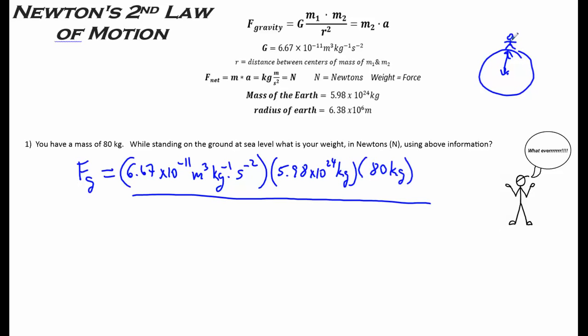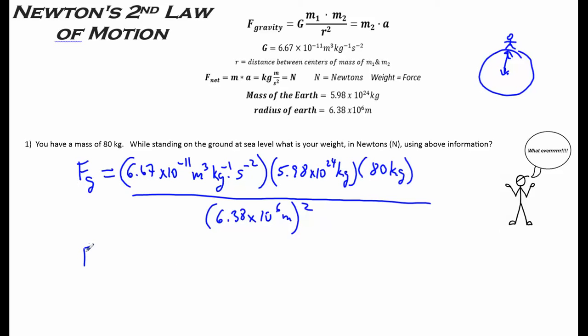And the center of mass of the person, although it's not at where its feet are, the slight difference of, say, 1 meter compared to the 6.38 times 10 to the 6th meters is totally inconsequential. So let's put this down. So we have 6.38 times 10 to the 6th meters, and we're going to square that value.